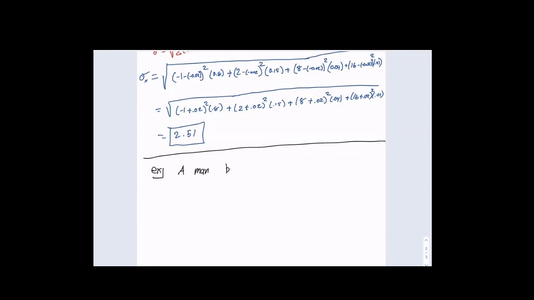A man buys a racehorse for $20,000 and enters the horse into 2 races.